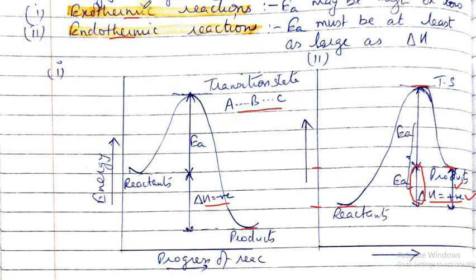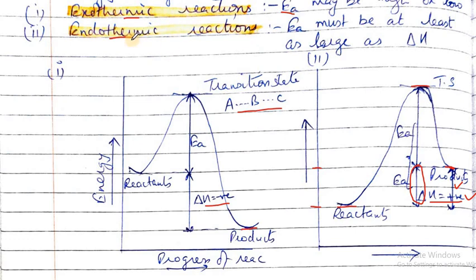So exothermic and endothermic reactions can be explained by these energy profile diagrams. Generally in exothermic reactions, EA may be high or low. The energy of activation can be high or low, that is, the reactants may require more energy or less energy.